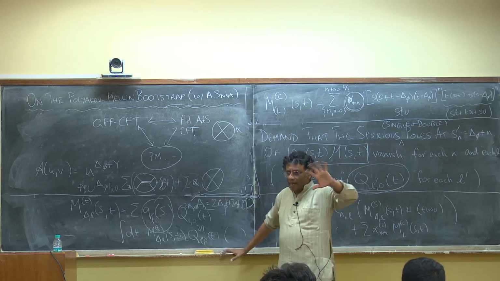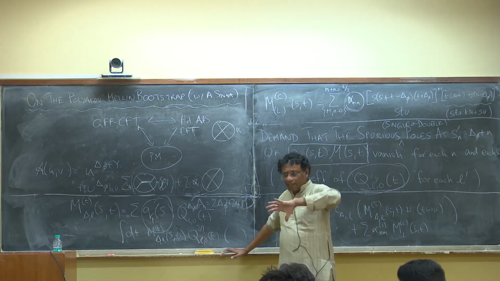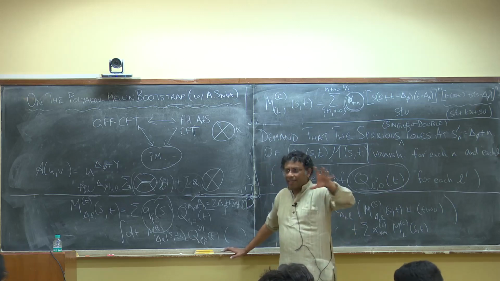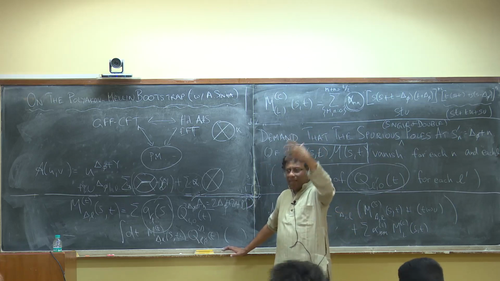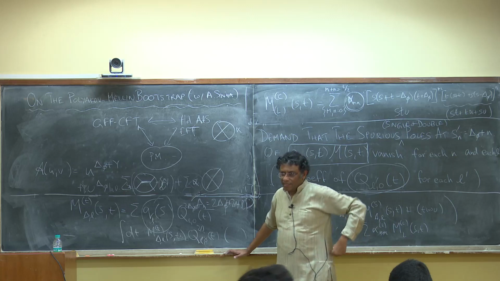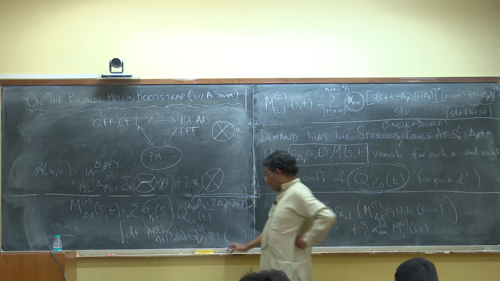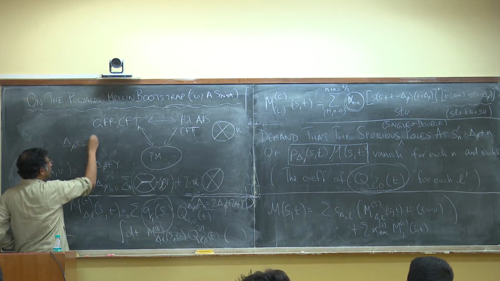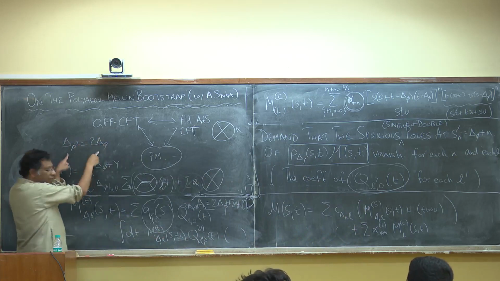That's the free field answer. But once again, you sit at the spurious poles. To order epsilon, the dimension is not twice that of phi. Delta phi squared is not equal to 2 delta phi, except at leading order.